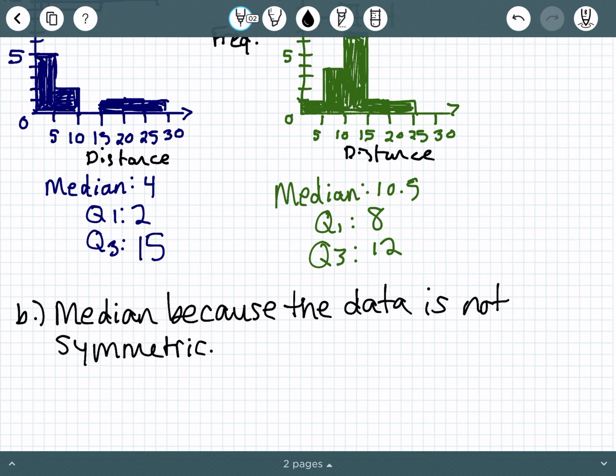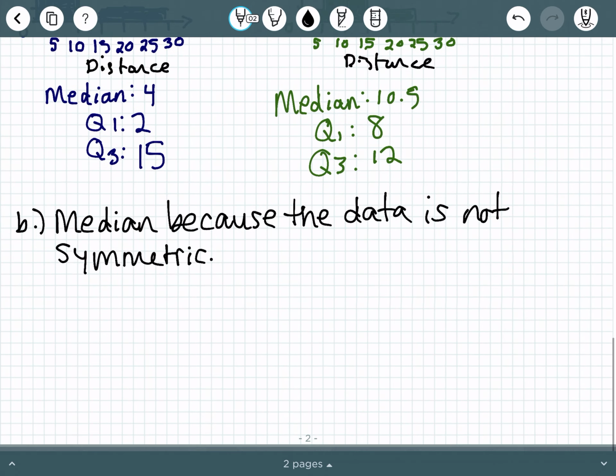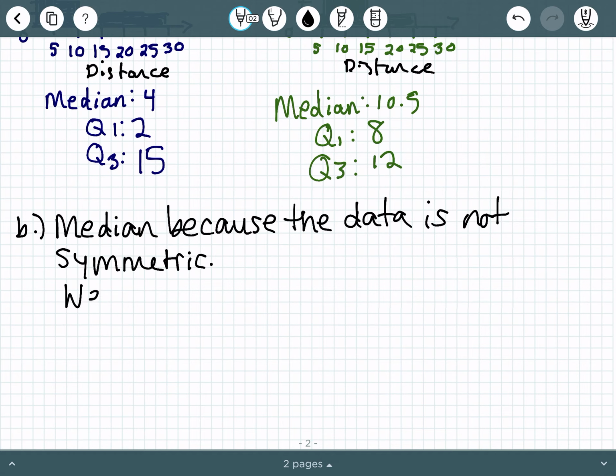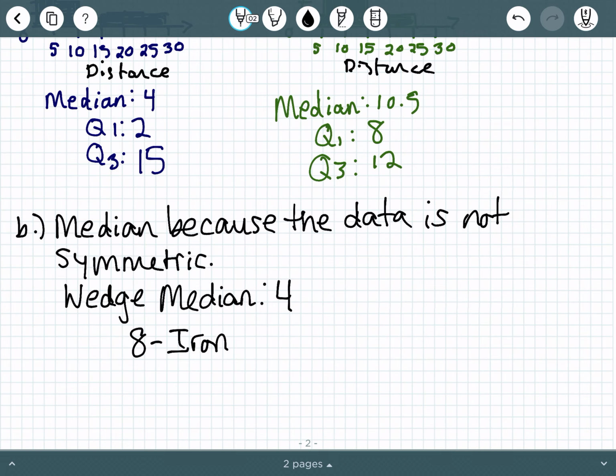All right, and then remember the wedge median. So we'll specify here the wedge median. That was 4. In the 8 iron, median was 10.5.